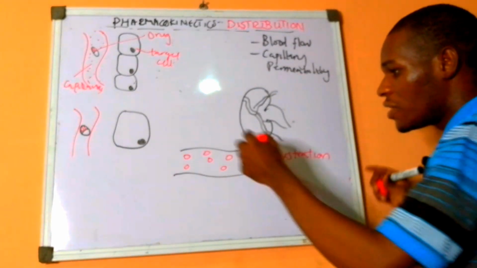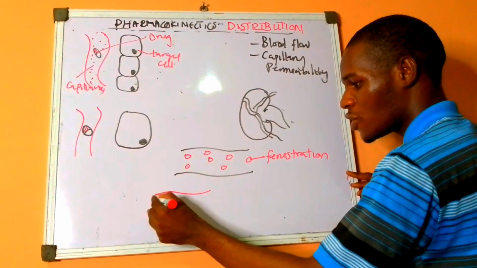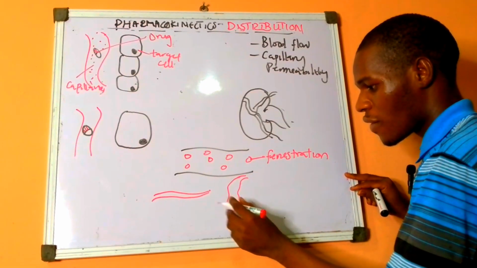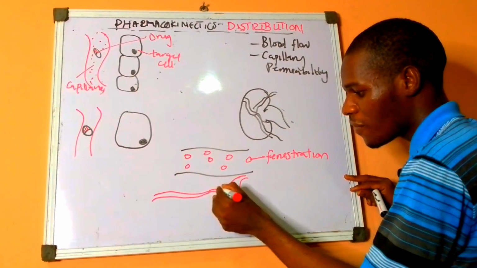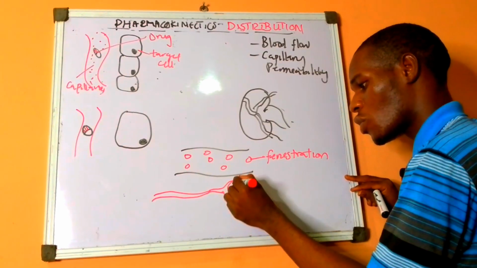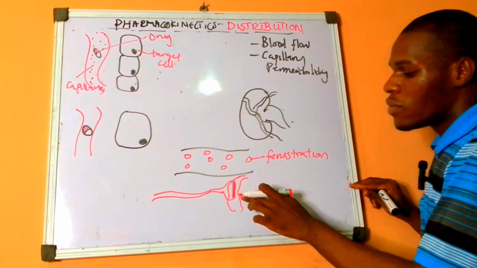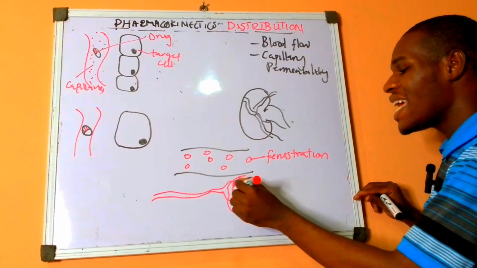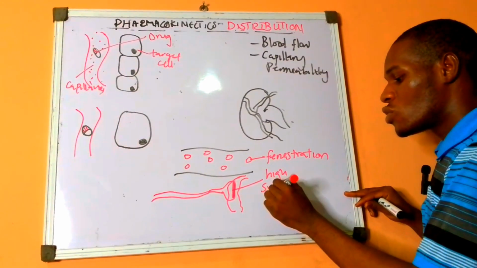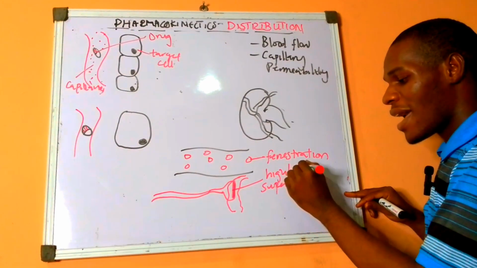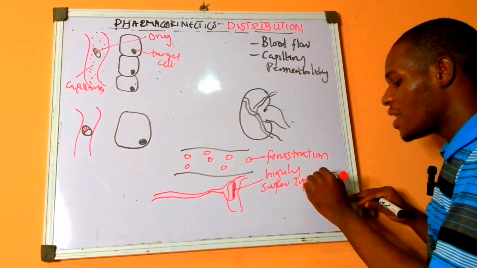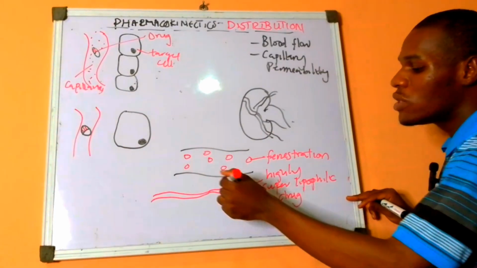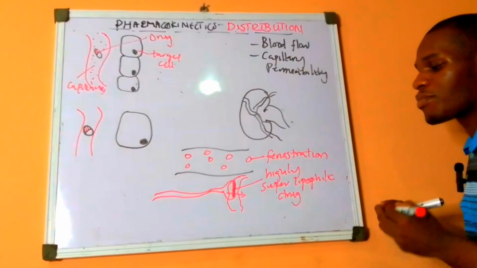Now, for the capillaries of the brain, let's say these are the capillaries of the brain. This is the brain cells, right? The capillaries of the brain form tight junctions together with the brain cells. This can affect distribution because we would need a super lipophilic drug. This drug has to be super lipophilic to diffuse into the brain cells.